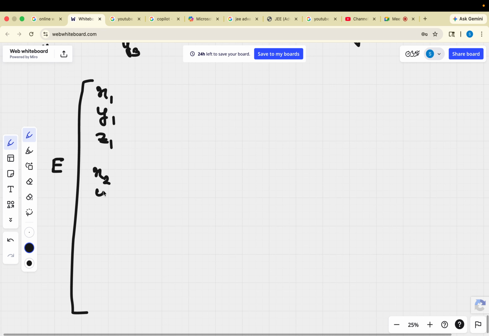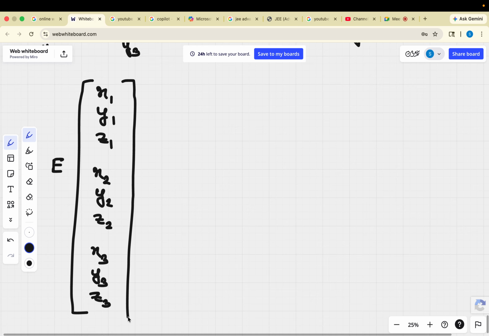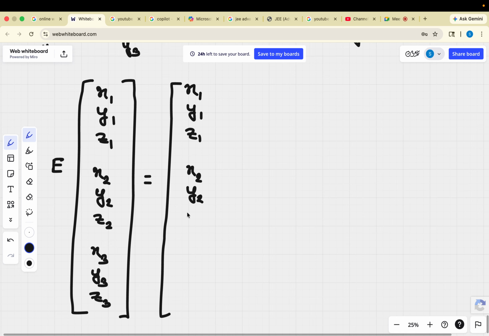Next you have x2 y2 z2, this is for your oxygen atom, and last one will be x3 y3 z3. If I operate the identical operator on these axes, I will get x1 y1 z1, here also x2 y2 z2, next x3 y3 z3.